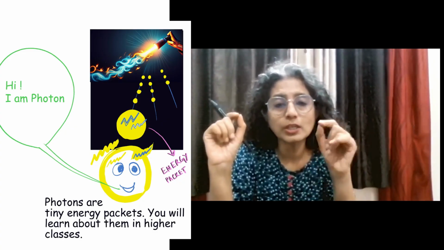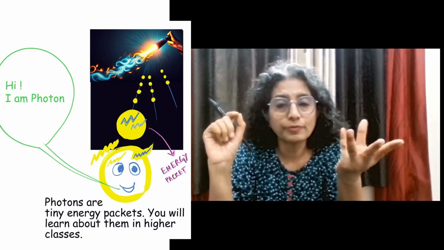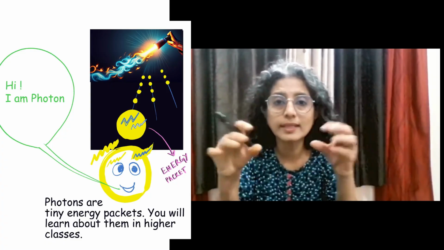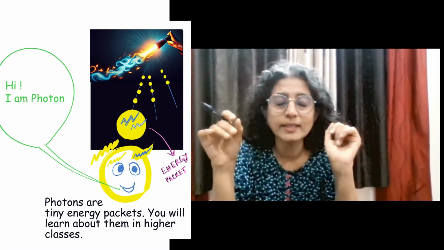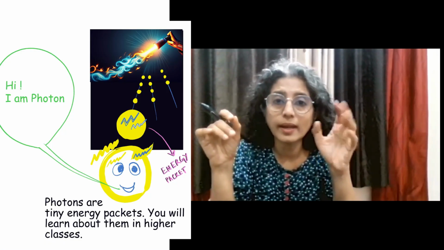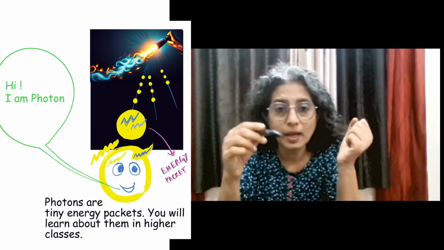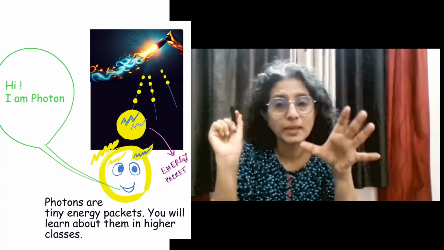So this torch here has a flame of light. From there, photons are scattered along the rays of light, and those photons are energy packets. And when photons enter our eyes, the path of photons is traced by the light rays.